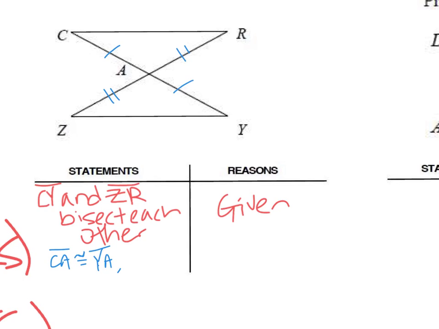And I can put this in one statement. ZA is congruent to RA. And the reason for that is that's the definition, it's what it means to bisect. Definition of bisecting.